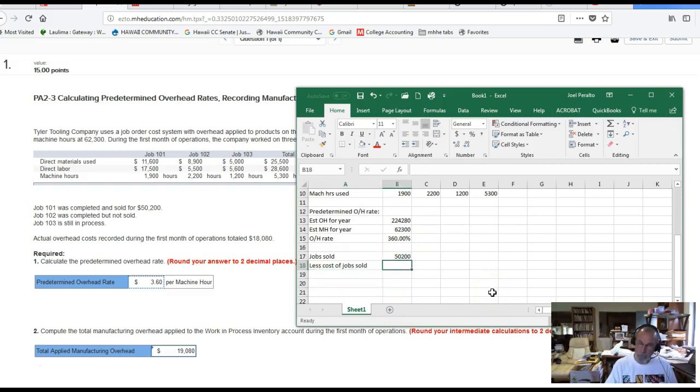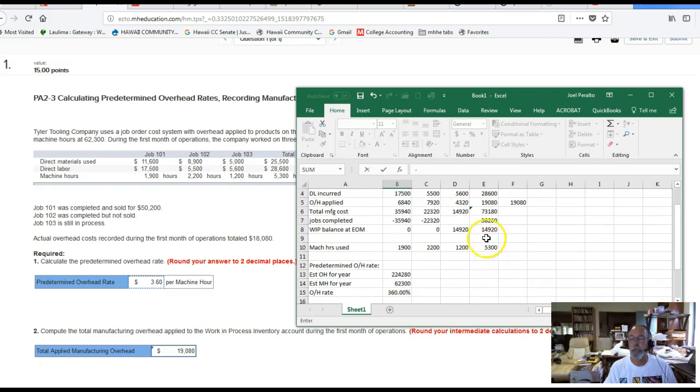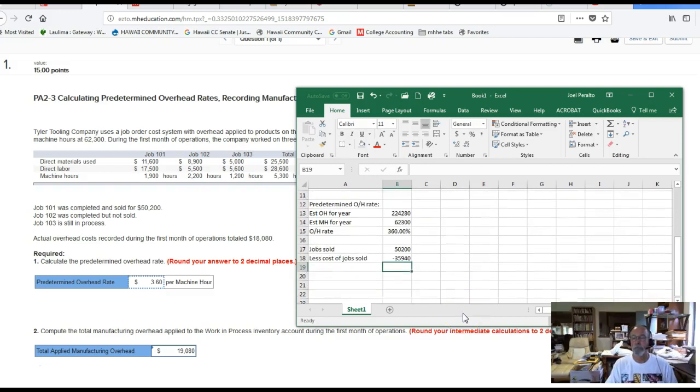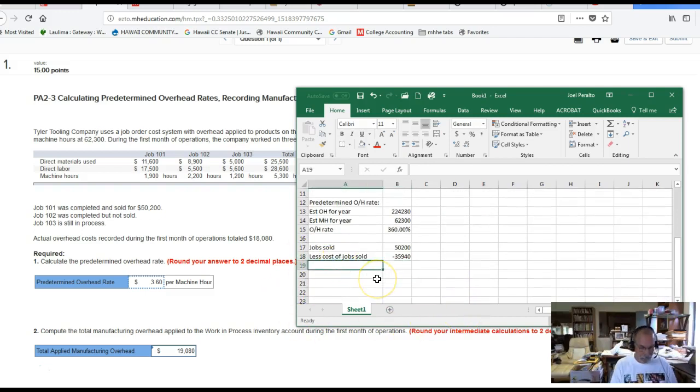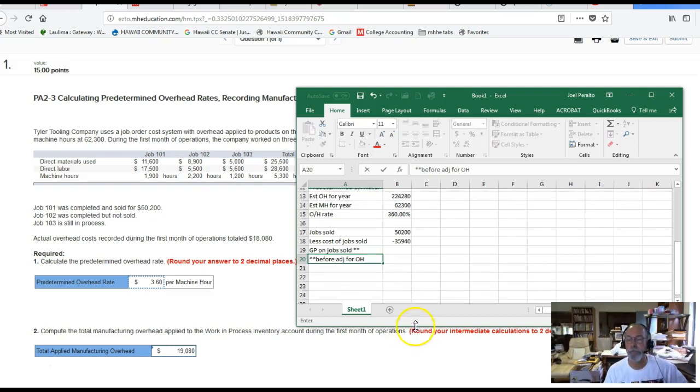And so let's show that, and the difference between the two, and that is before the adjustment for overhead.